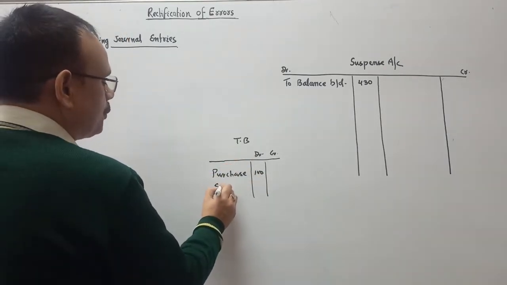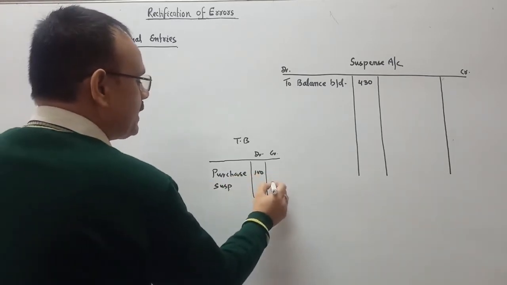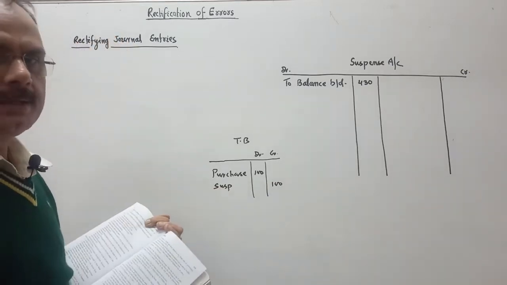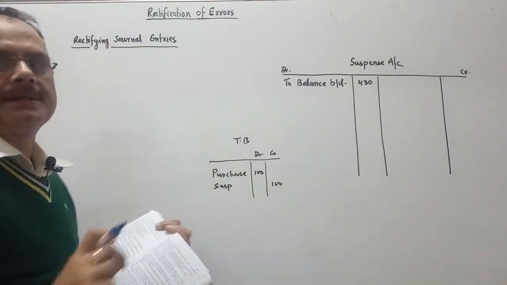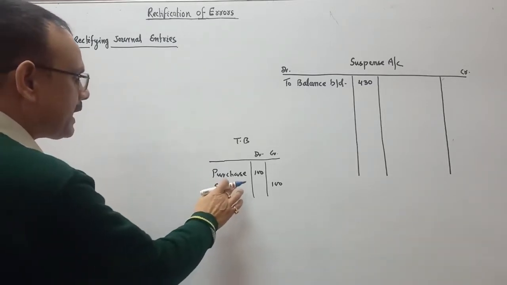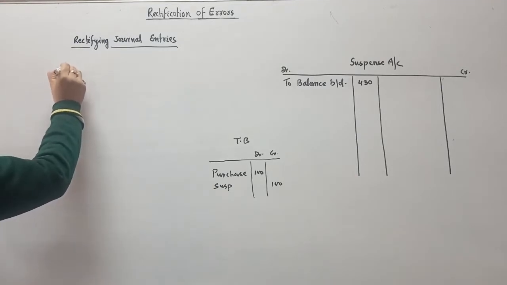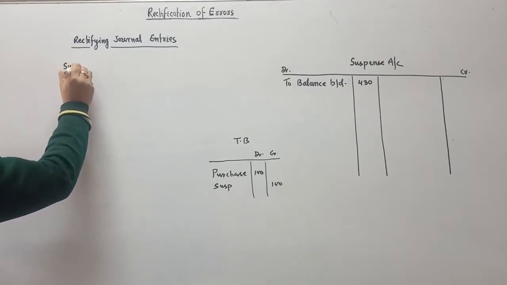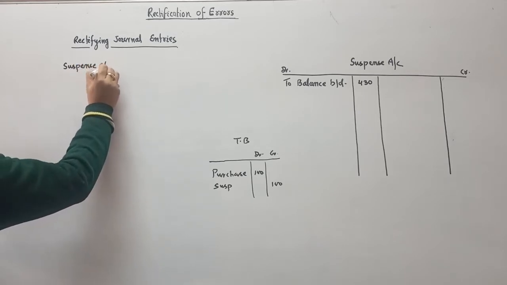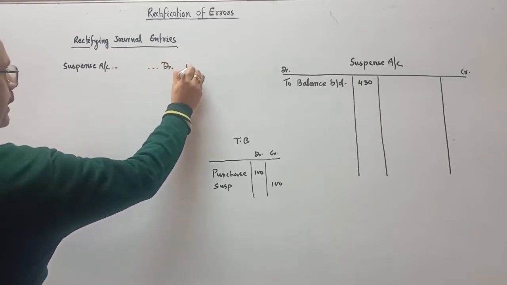For that we have to open the suspense account to make the trial balance equal. Which side? Credit side. After knowing the reason for the difference, now we have to rectify it. We will cancel this, so the suspense account will be debited by 100 rupees.